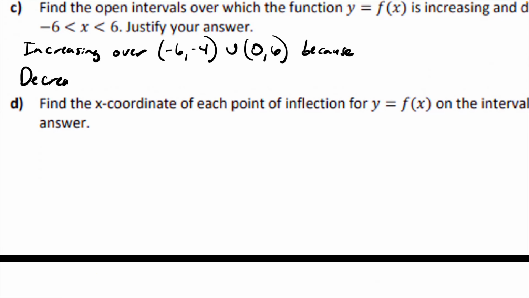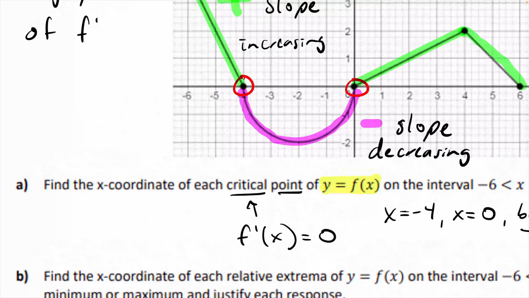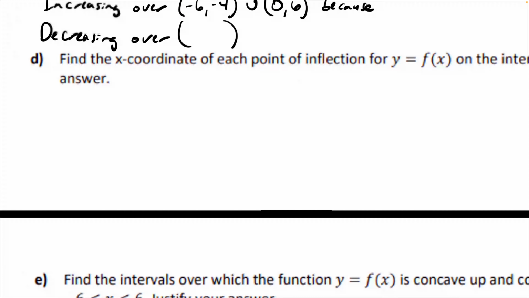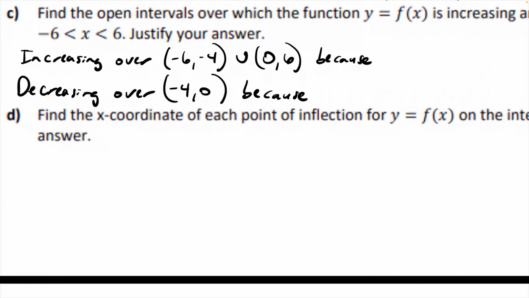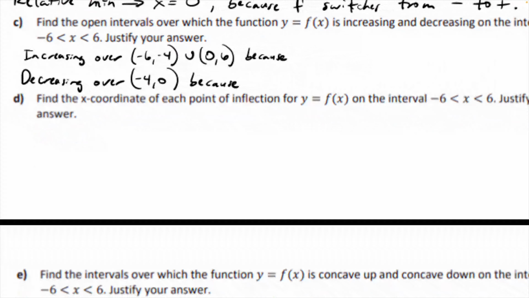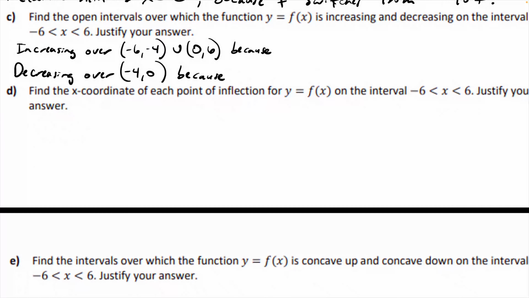Decreasing over -4 to 0. Because, just as important as the answer for these is justification. You're going to get the same number of points for the answer as you will justification.